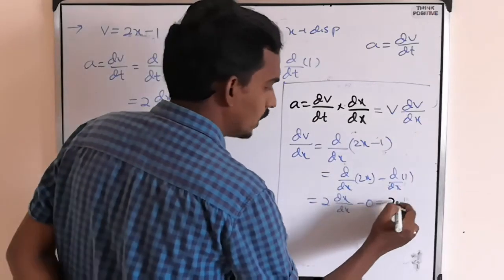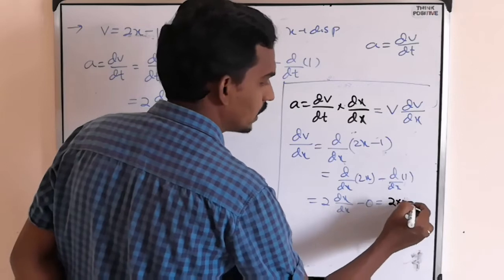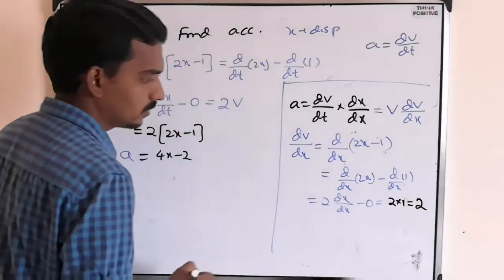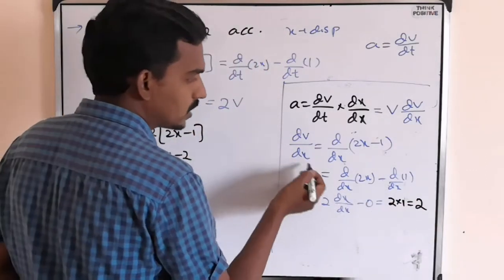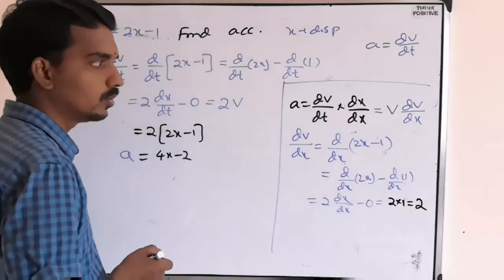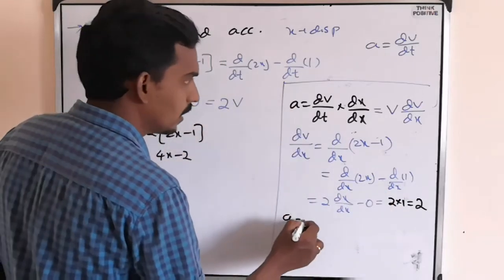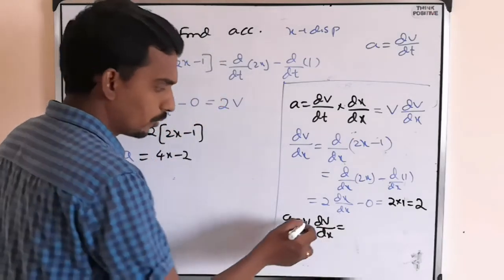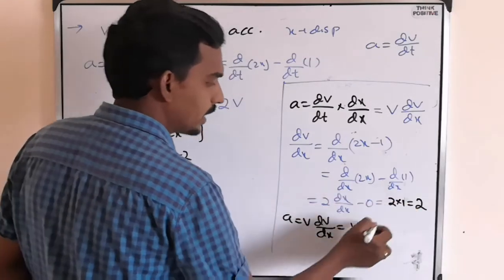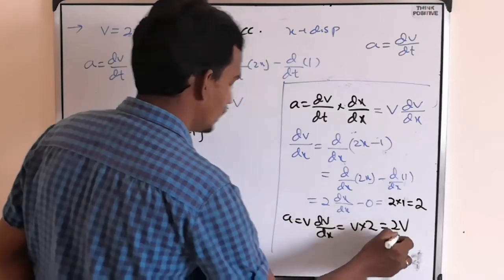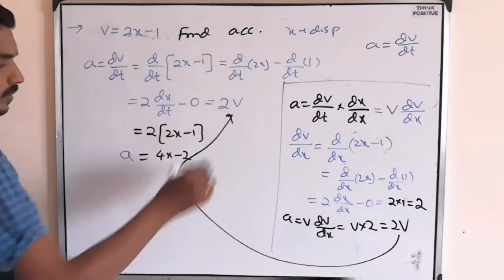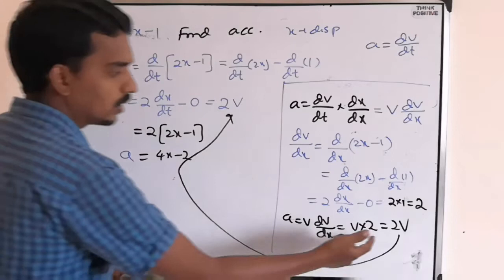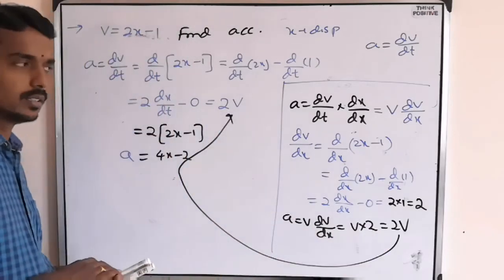Now 2 into dx by dx is 1, equal to 2. So what is dv by dx? We got 2. But what is acceleration? v dv by dx. So v into dv by dx is 2v. So here 2v, here also 2v.